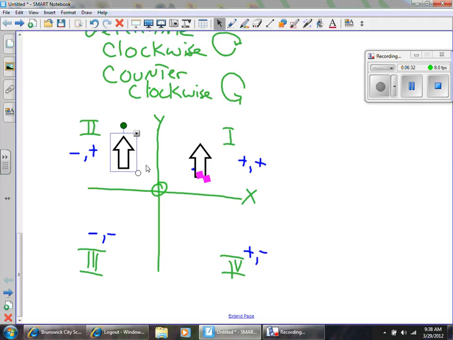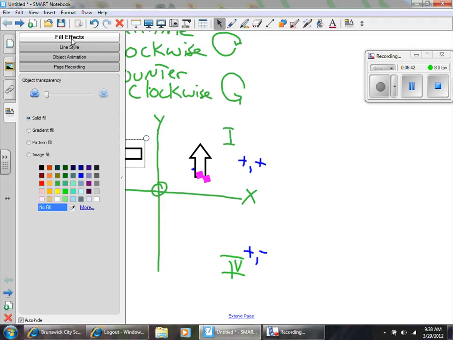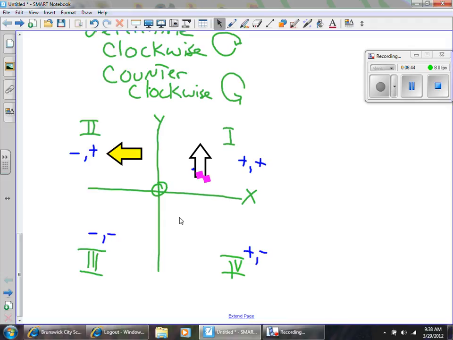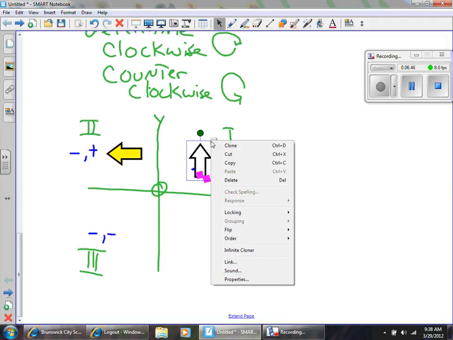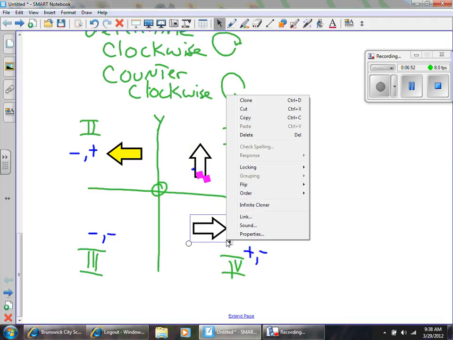And this would be as if it were clockwise. Okay, something like this. Now, I'm not using coordinates yet, but I will in a minute.